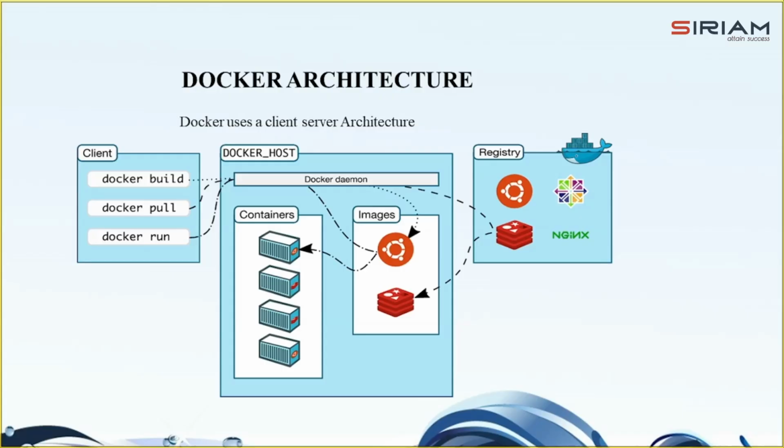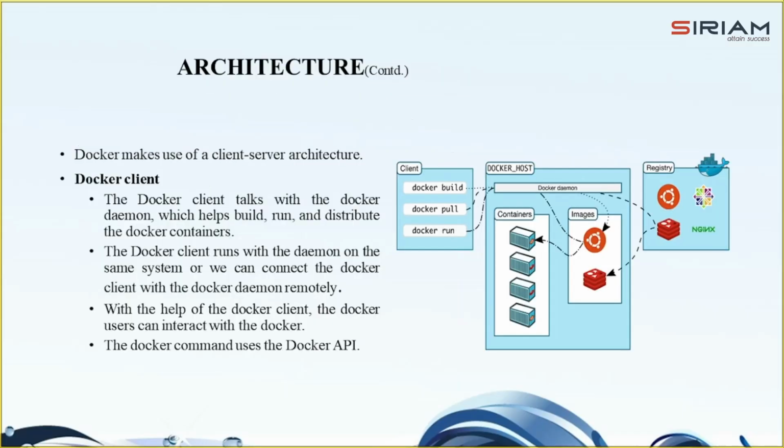Docker Desktop includes the Docker daemon, Docker client, and other components including other Docker objects. Now let's talk about the Docker client. The Docker client provides several commands including docker build, docker pull, and docker run, each serving a specific purpose within the Docker ecosystem. Right? So let's understand each.